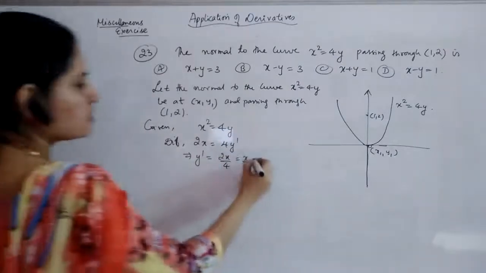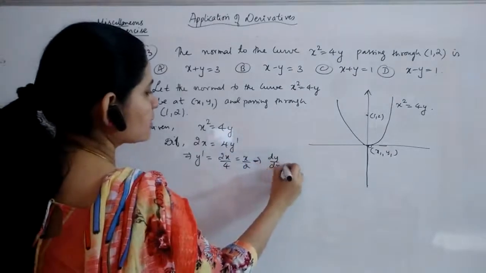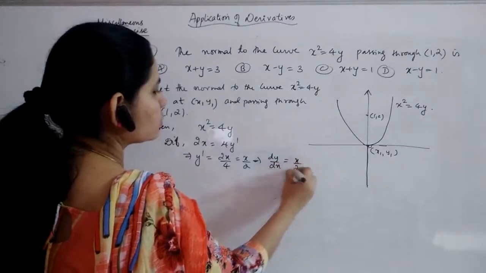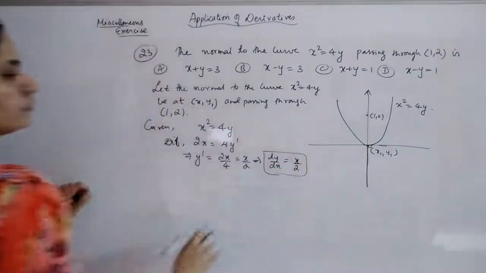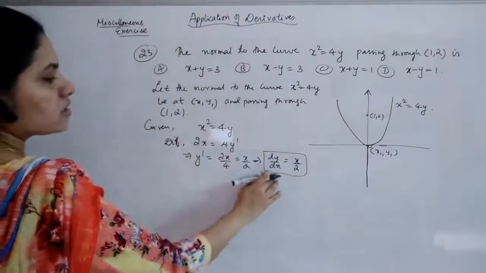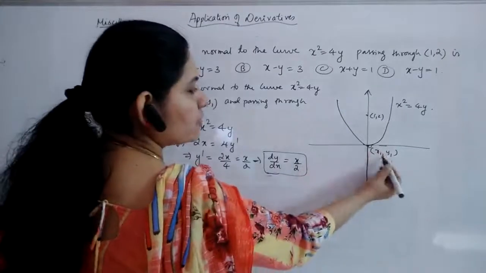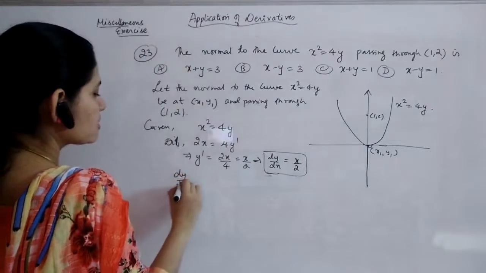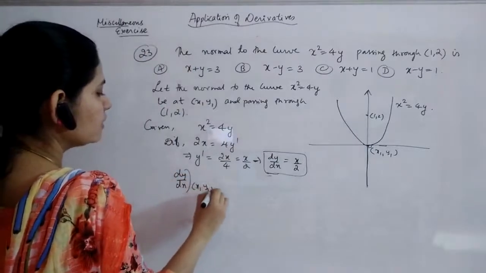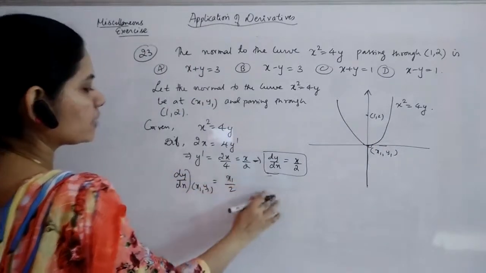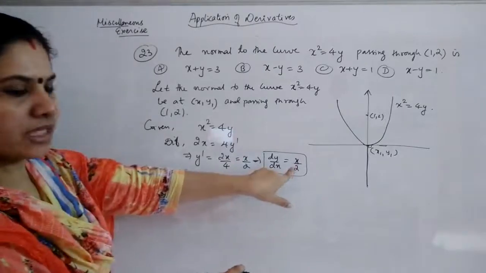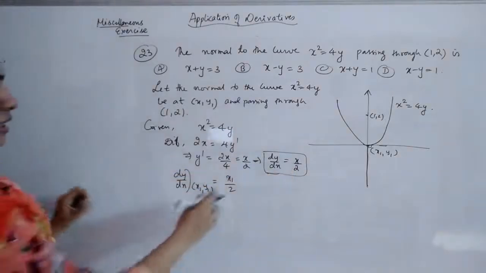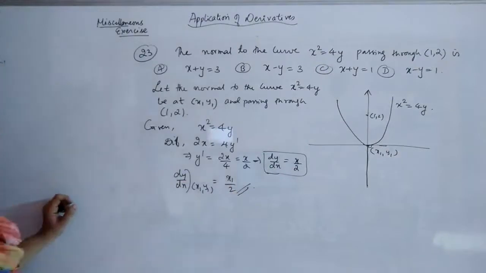Y dash is the same as dy by dx. Okay, so dy by dx, or slope of tangent, is x by 2. Now again, tangent will also be here. So it will also be satisfying the same point. So you can say that dy by dx at the point (x1, y1) will be x1 by 2. You can replace x and y with x1 and y1. So you are getting this as the slope at the point.